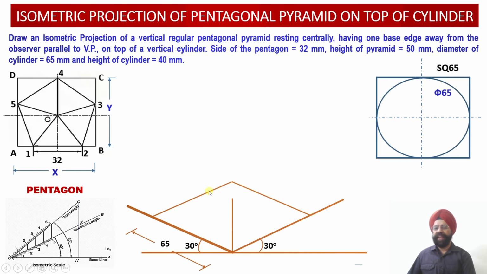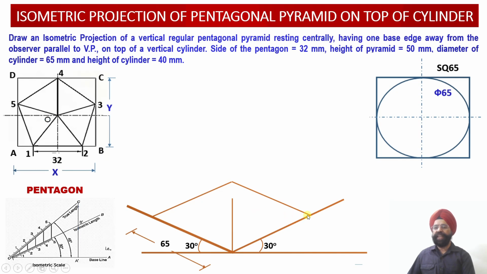Similarly, this is again an isometric line corresponding to one of the edges of the square, and this has been drawn parallel to the z-axis, and the length of this edge happens to be 65 millimeter. So with this, the construction of the square which is going to house the ellipse, which will be drawn corresponding to the circular portion of the base, has been completed.